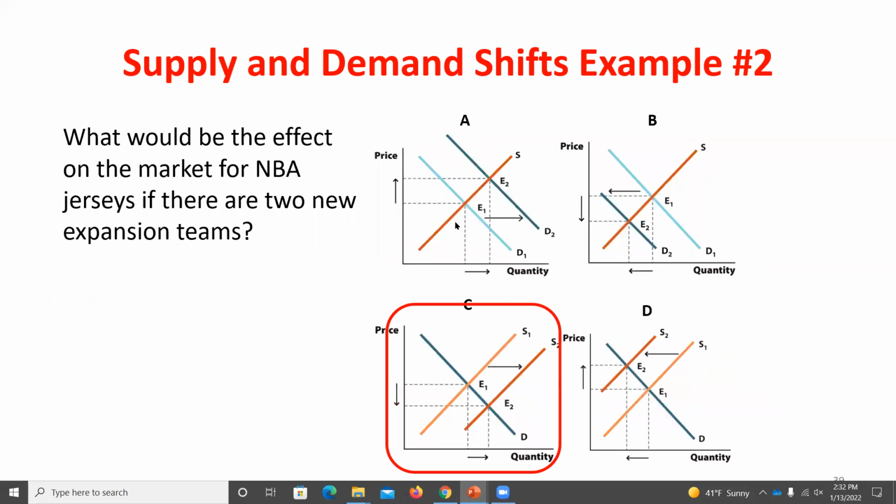Now, one thing I'll point out here: we think of these two new teams as an increase in the number of sellers. So we have a higher number of sellers, so we saw the supply increase. Why could you potentially argue that this is going to influence the demand curve? Yeah. Actually, one way I could shut that down is to say, what if the two new teams joined existing cities?